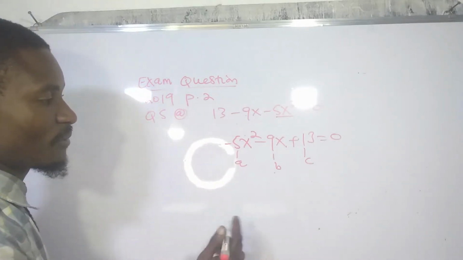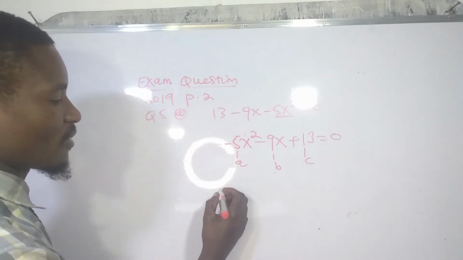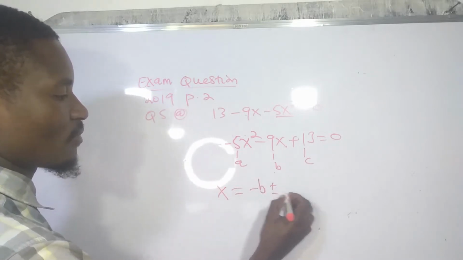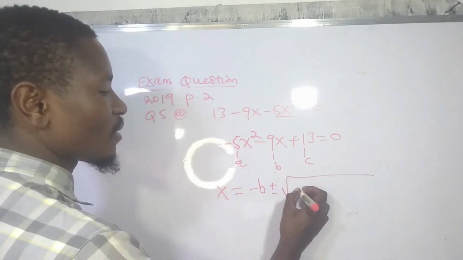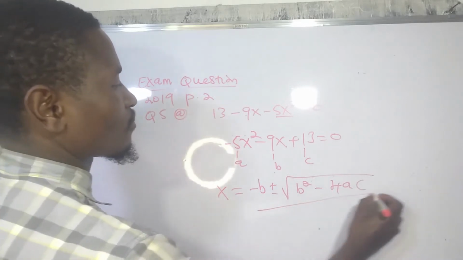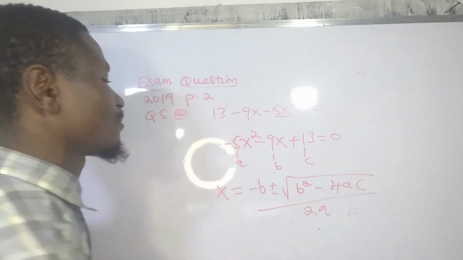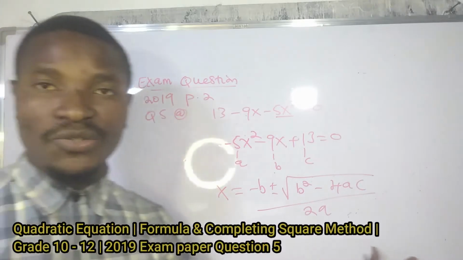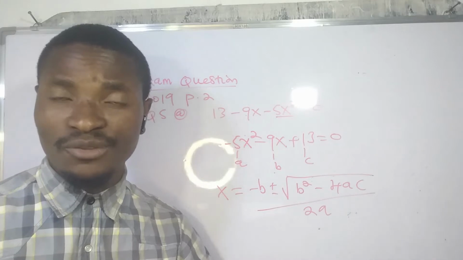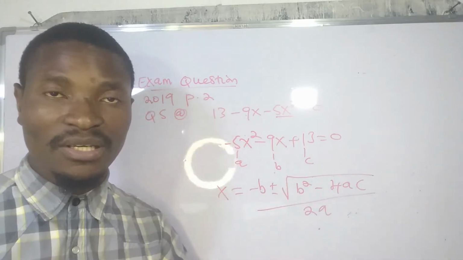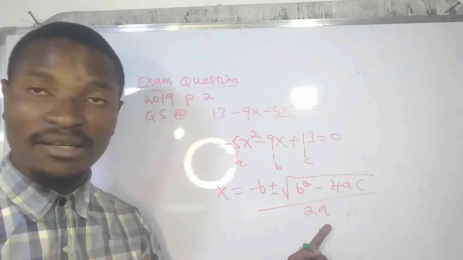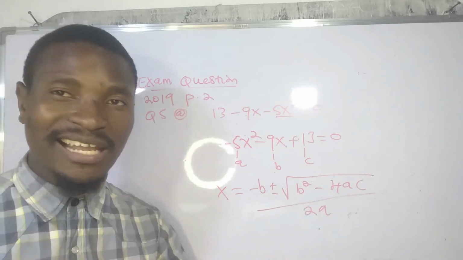The formula says that x equals negative b plus or minus the square root of b squared minus 4ac, all over 2a. Once you write the formula, all you have to do is plug in the numbers that are representing a, b, and c. That's all you have to do.